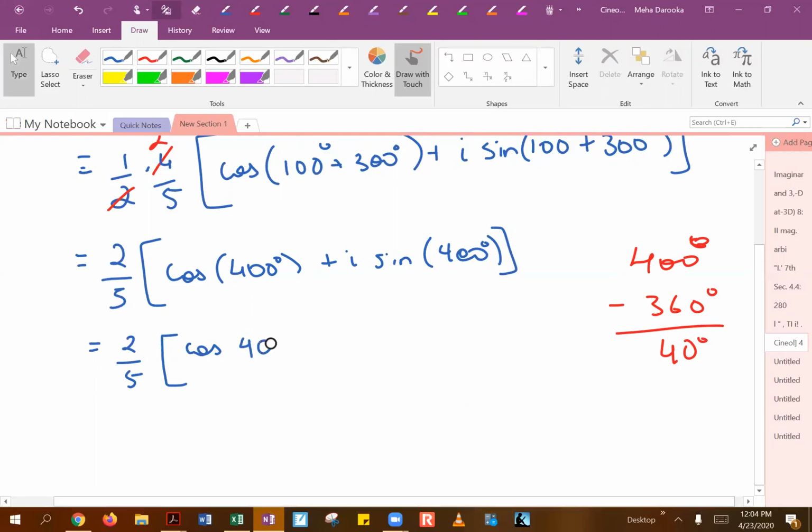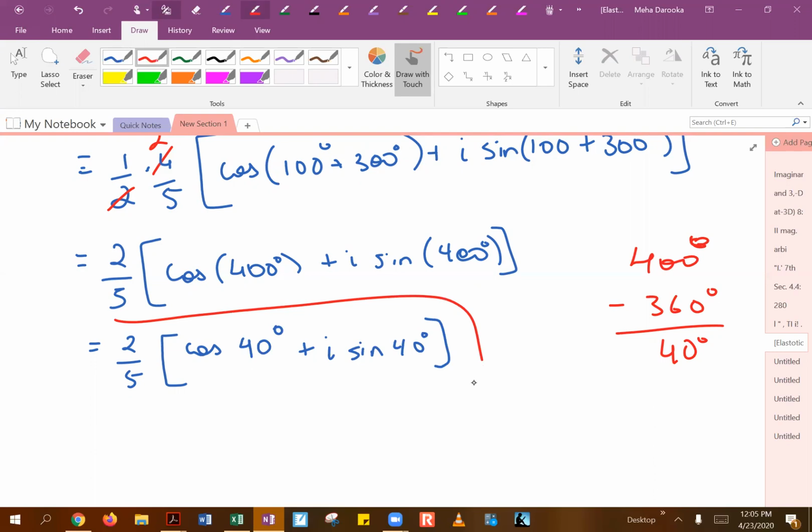So this will break down to cosine of 40 degrees plus i sine of 40 degrees. Now, since they are specifically asking us to leave this in trigonometric form, we don't have to do decimal approximations for cosine of 40 and sine of 40, okay? So this one specifically, we will just drop right here.